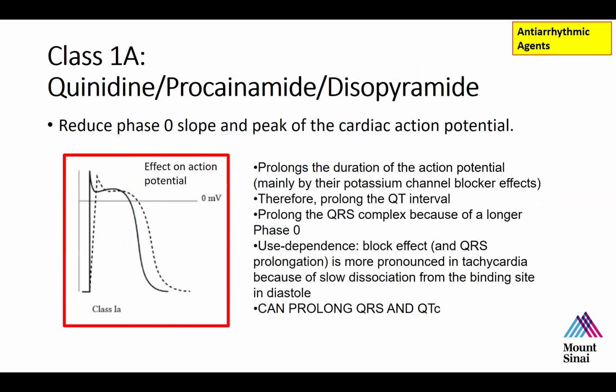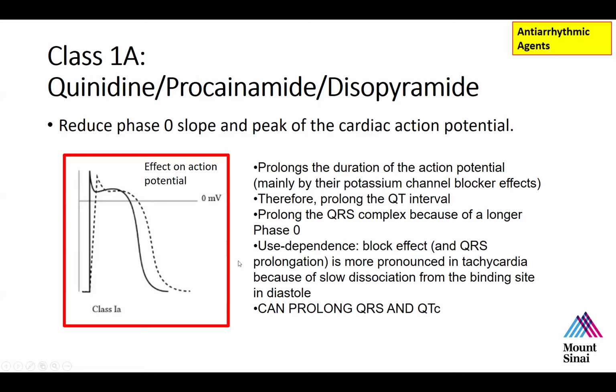All right. So class 1A agents, again, are quinidine, procainamide, and disopyramide, and they are lumped together because they have similar electrophysiologic effects. You can see here a diagram of the action potential, and the dotted line represents the effect of the particular agent on the action potential.